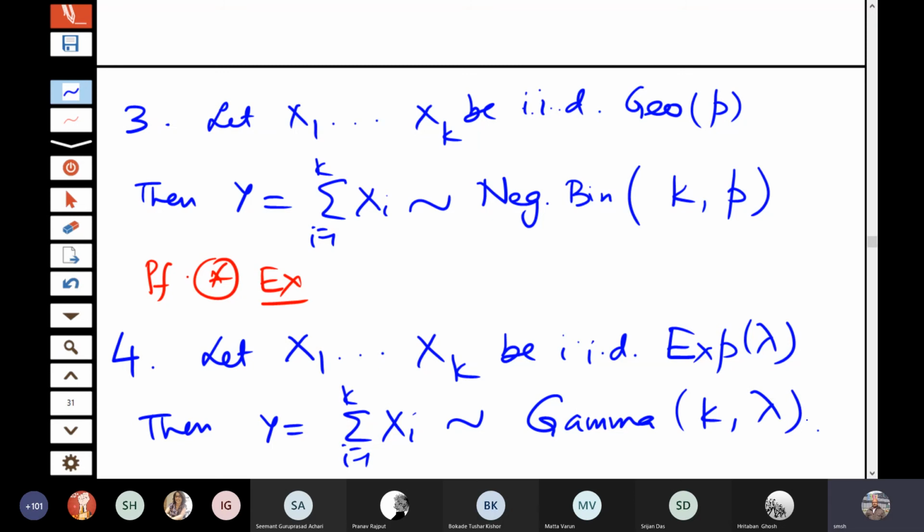Finally, you can prove the linearity property of the normal distribution also using the same approach.